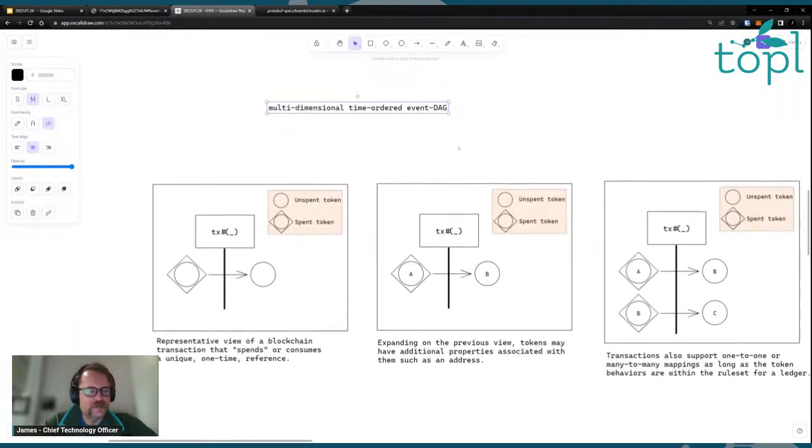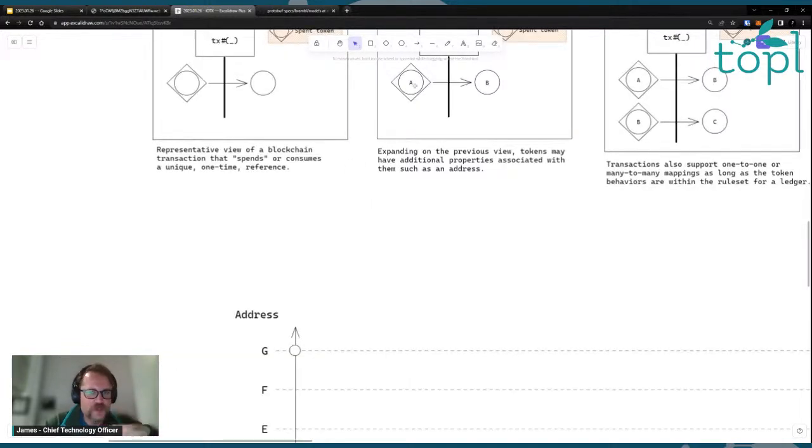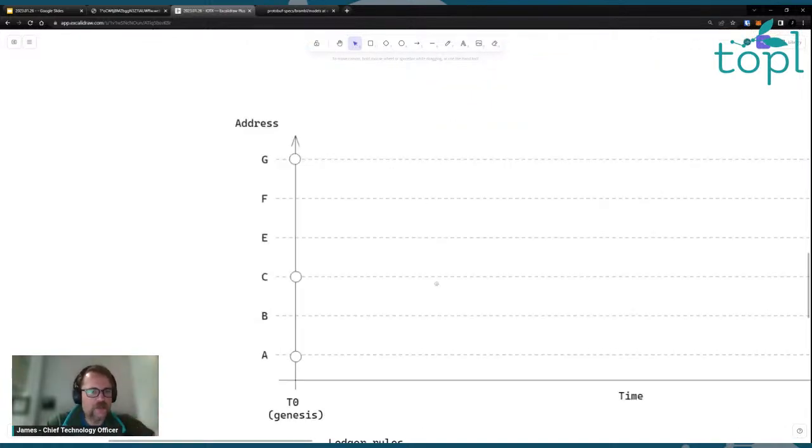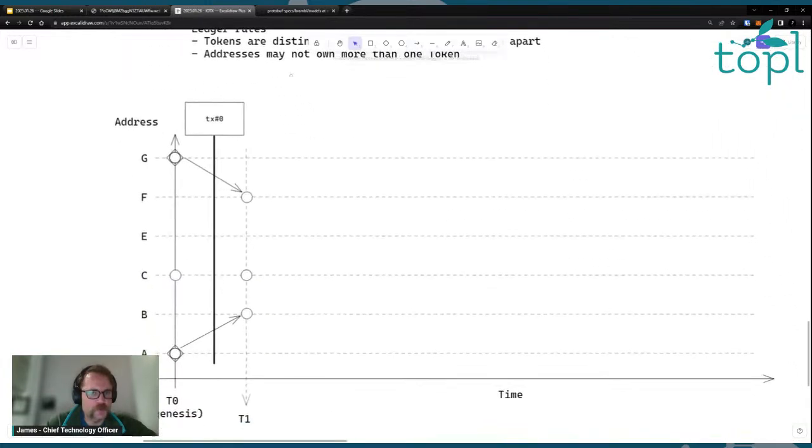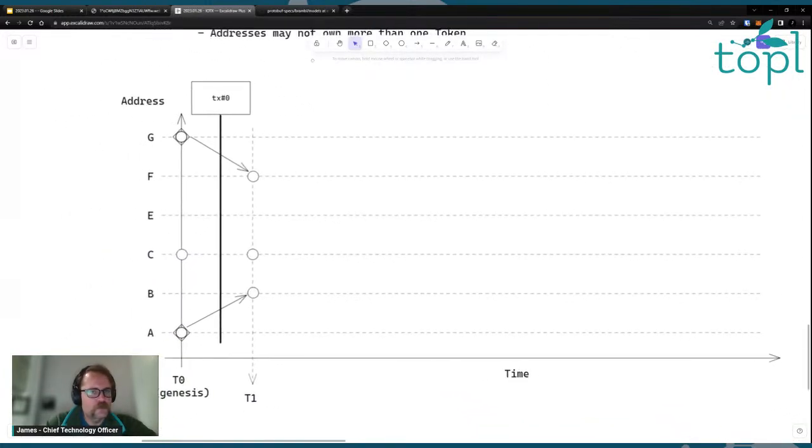I think, maybe I'm wrong in that. That's what I get for not being a computer scientist. Then, we've already talked about the events and the multidimensional part. The multidimensional is just the fact that you can have multiple properties associated with a single thing. So it can have a quantity and an address and a label, maybe it has multiple labels, that sort of stuff. That's where the multidimensional comes in. What we're exploring now is the time ordered portion of it.